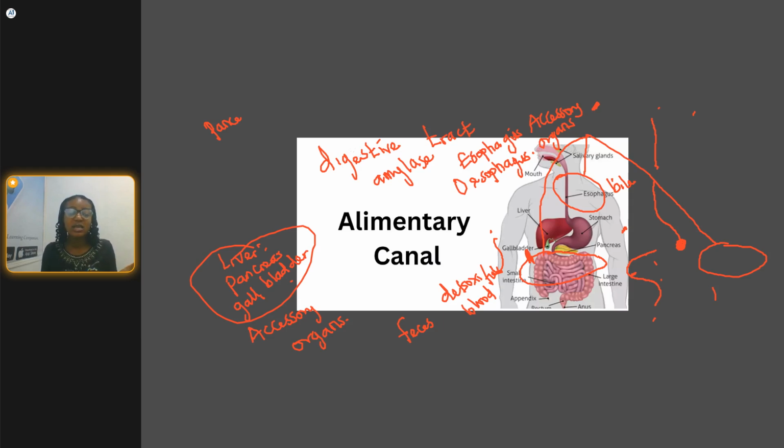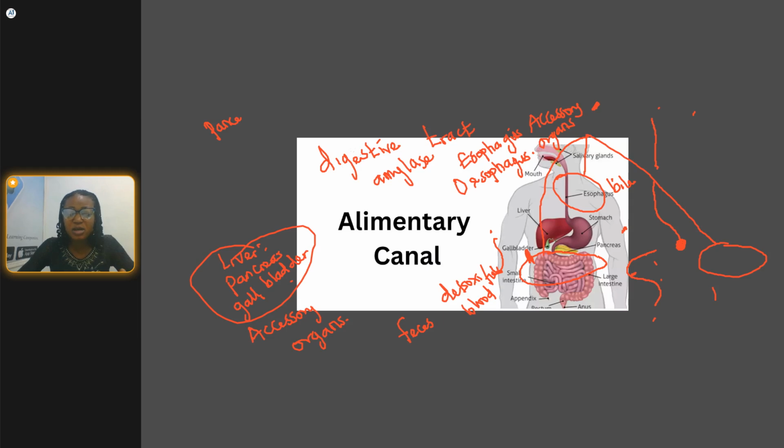Like I said earlier, we are still going to talk about the enzymes. The enzymes secreted by the pancreas depend on the type of food that you eat. So if you take carbohydrate, we have different enzymes that act on carbohydrates. The amylase can act on it.